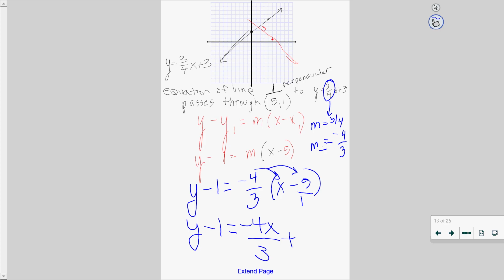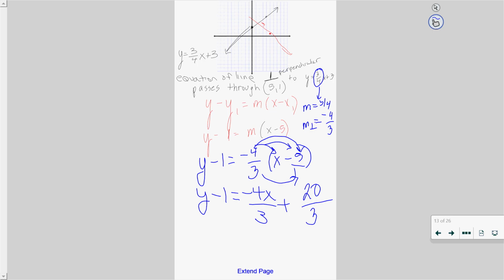So 5 times 5 is 20. 3 times 1 is 3. Numerator, numerator, denominator, denominator. Here's the part that people don't like though. Right? To bring this 1 over, I have to add 1. Now adding 1 isn't that bad.